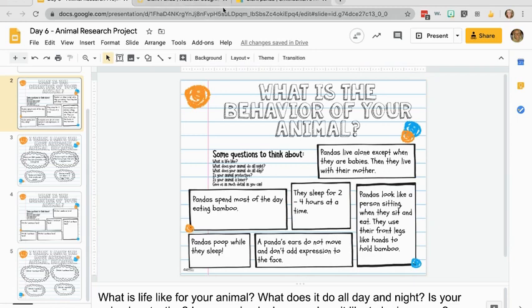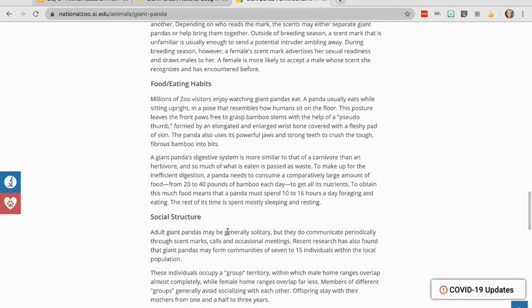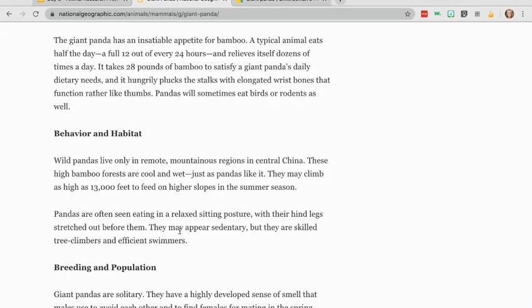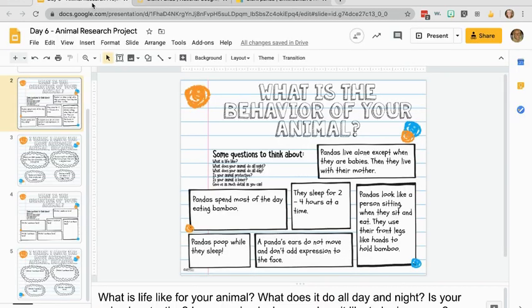All right, I also saw they're generally solitary. I think I saw that on the National Geographic site too. Yeah, so it says giant pandas are solitary. Solitary just means that they like to be alone.